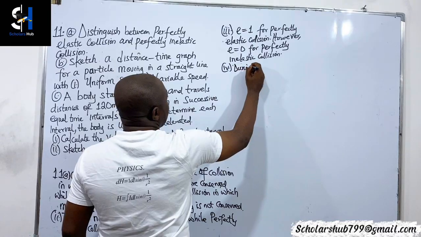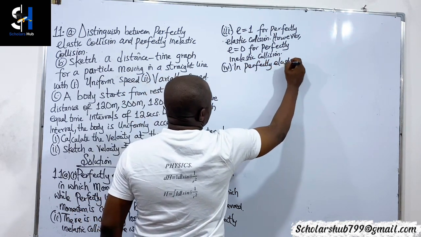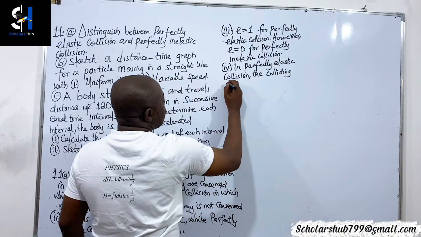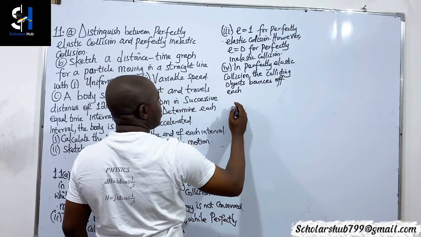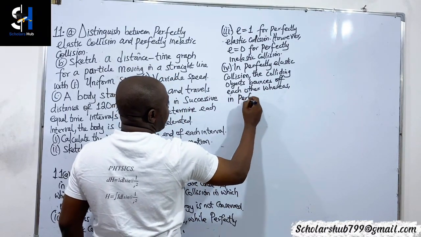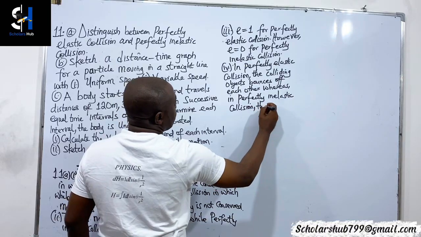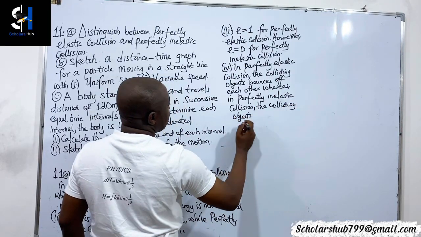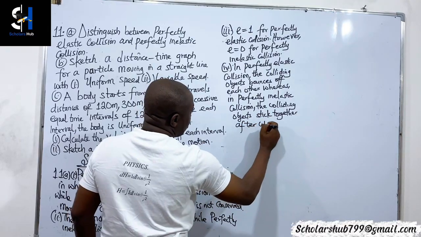In perfectly elastic collision, the colliding objects bounce off each other, whereas in perfectly inelastic collision, the colliding objects stick together after collision.